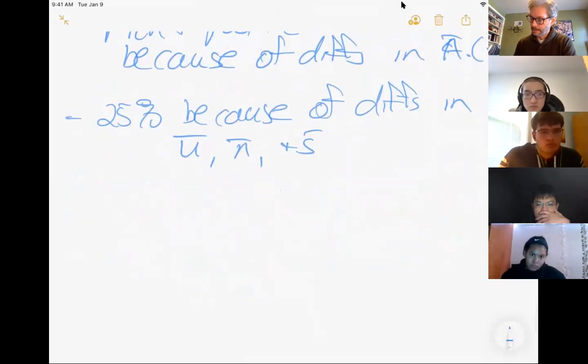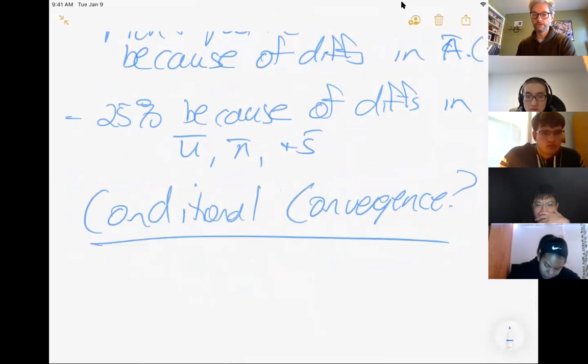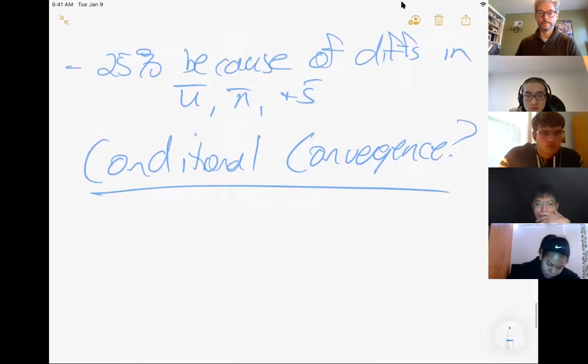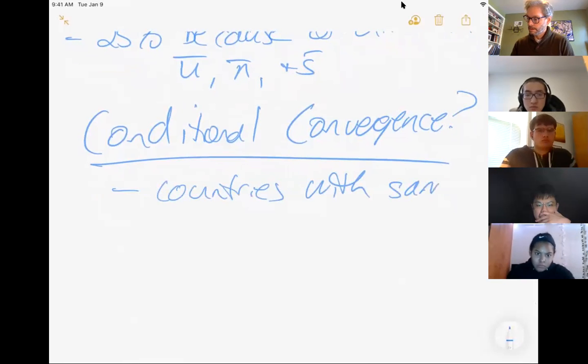But is there conditional convergence? Is conditional convergence happening across the world? Remember, we talked about this yesterday. It's countries with the same balanced growth paths.